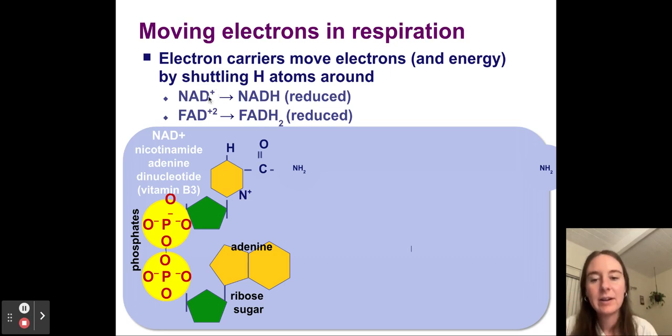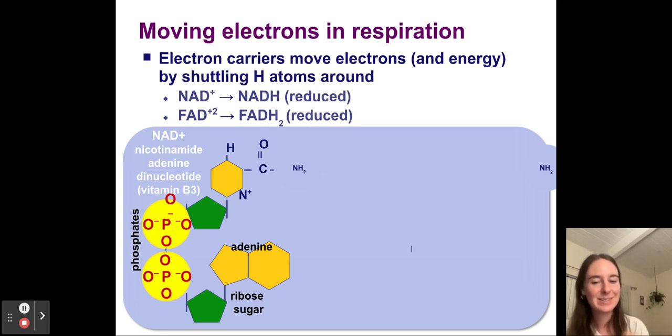If we added on another hydrogen, we're reducing this molecule, and we're making it into NADH. Now, there's another electron carrier called FAD2+, and this molecule can actually grab onto two other hydrogens, and be reduced, right? OIL RIG. Oxidation is loss, reduction is gain. It's gained some hydrogens. It's gained electrons.